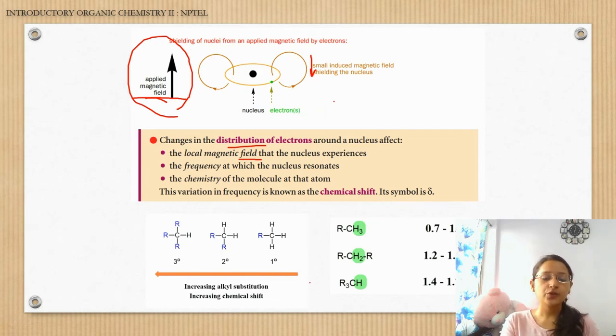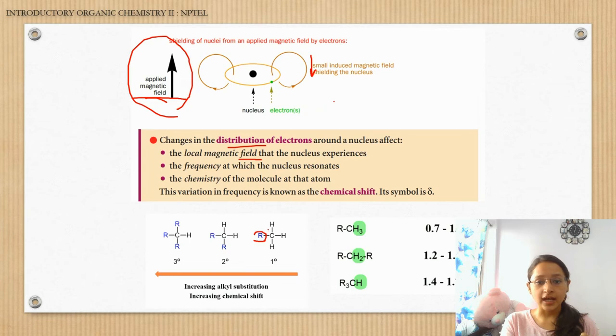Coming to a particular example, if we consider alkyl substituted carbons, first the primary substituted carbon. Here the alkyl substituents have a plus I effect, due to which the electron density at this particular carbon increases.